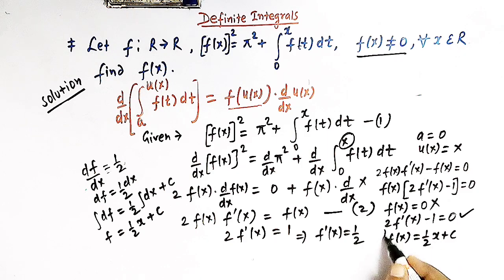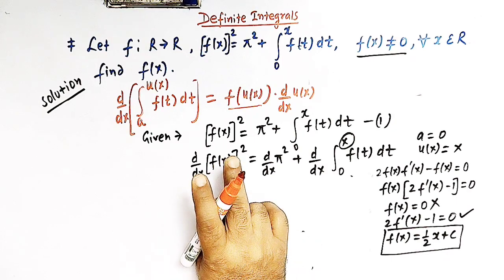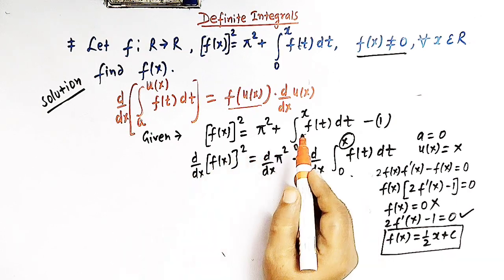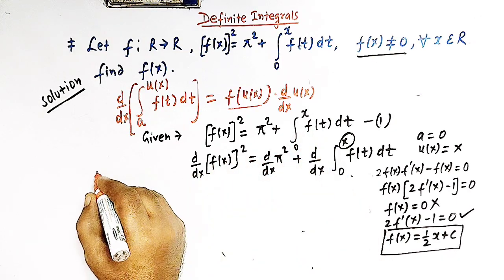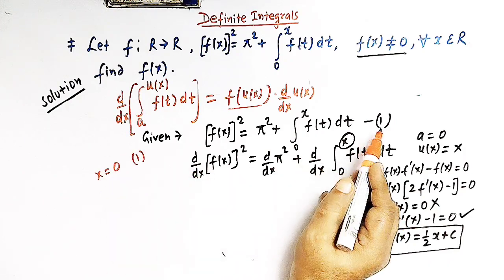And now we need to find out the value of this constant of integration c by using some boundary condition. So to get the boundary condition, let us substitute x is equal to 0 in equation number 1.